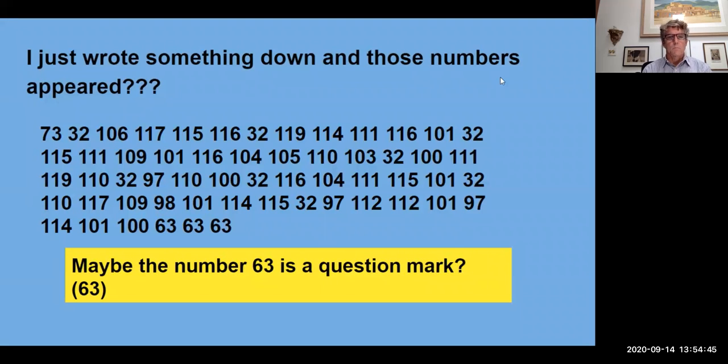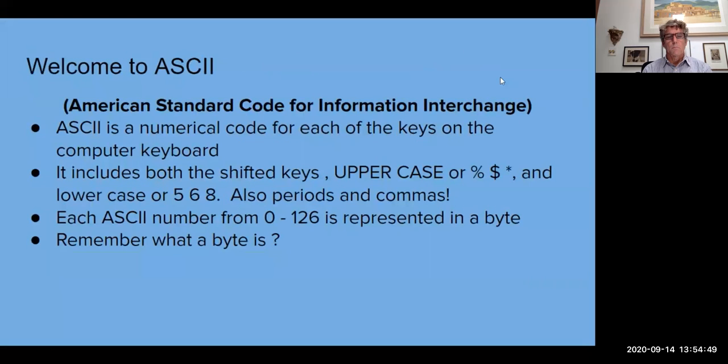Yes, we are going to introduce you to ASCII. ASCII, or the American Standard Code for Information Interchange. That's what it stands for, but everybody calls it ASCII. ASCII is a numerical code for each of the keys on the computer keyboard.